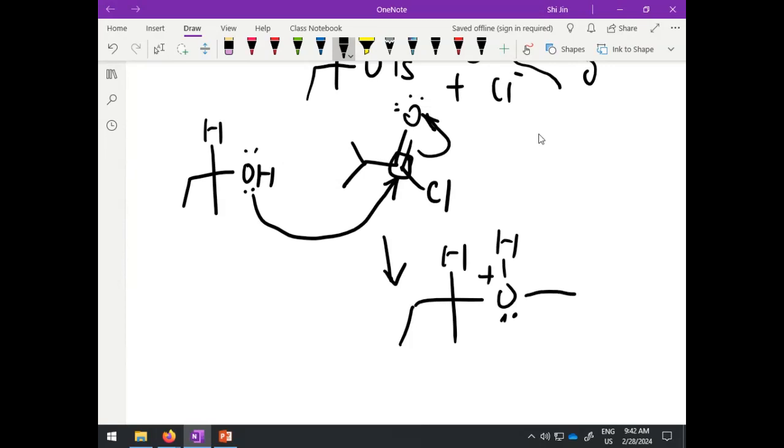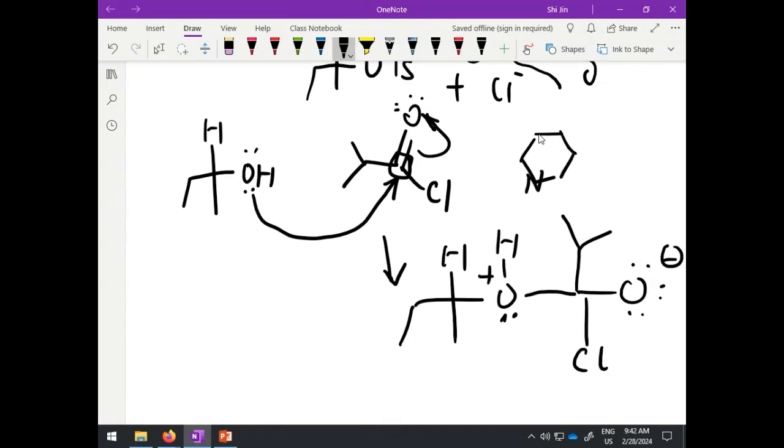So the difference between acyl chloride and ketone or aldehyde is that this chloride is an extremely good leaving group. We have seen in organic 1, it's a very good leaving group. So that's why the reaction did not stop at just the addition step. So if you get this, the reaction also often involves a base, like pyridine.